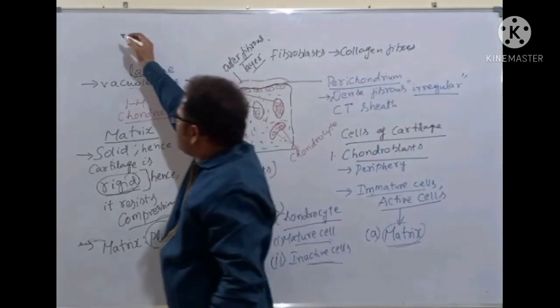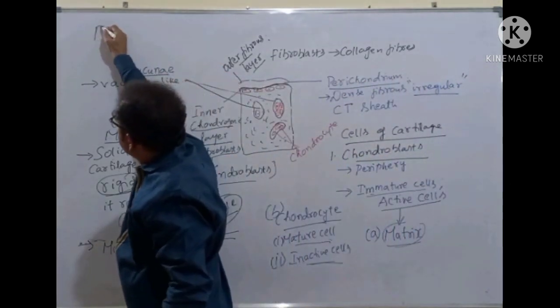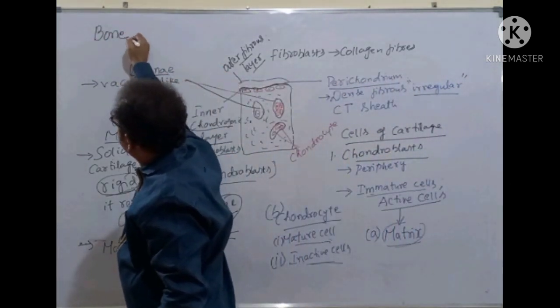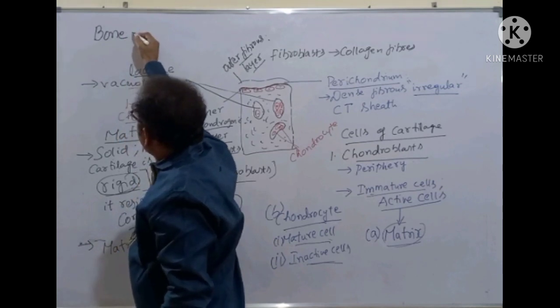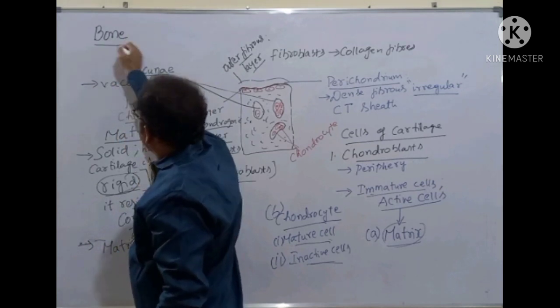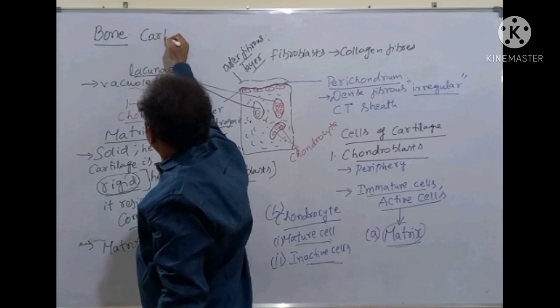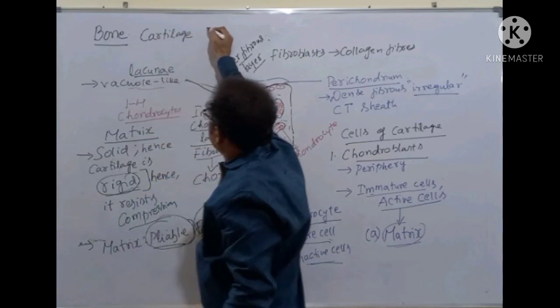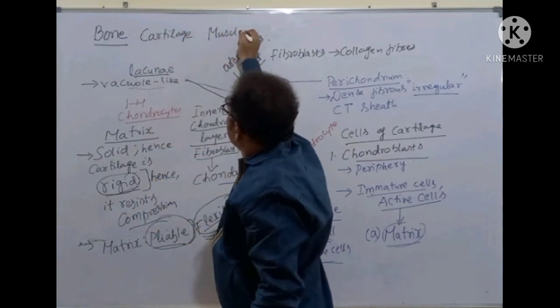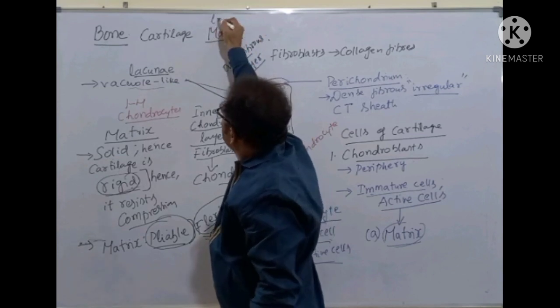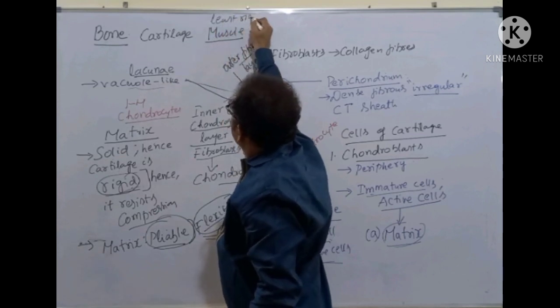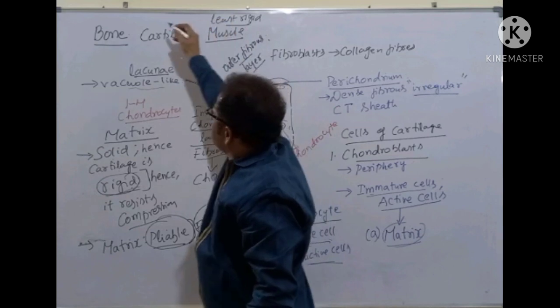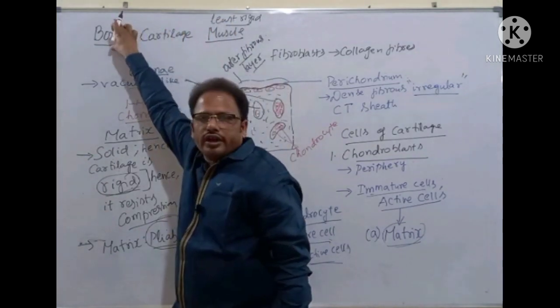So cartilage is not as rigid as bone. Bone is the most rigid one, and the next one is cartilage. The next one is muscle, which is the least rigid. This is medium and this is the more rigid one.